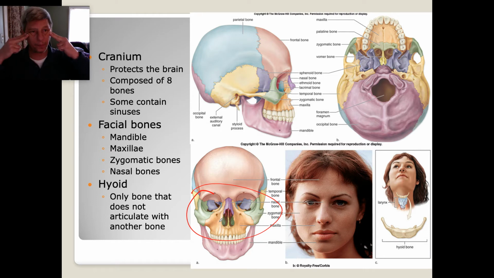But if you put your hands right on your cheekbone and do that, you can't feel anything. But then if you go to your temple and clench your jaw again, you can feel that bone again. The reason for that is that there's actually a hole right here between where the zygomatic and the temporal bones meet, and that forms your eye socket. You can kind of see it over here as well.